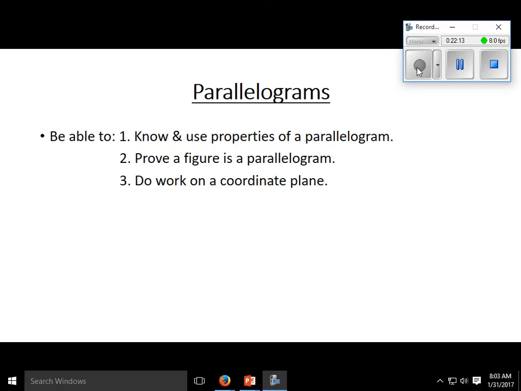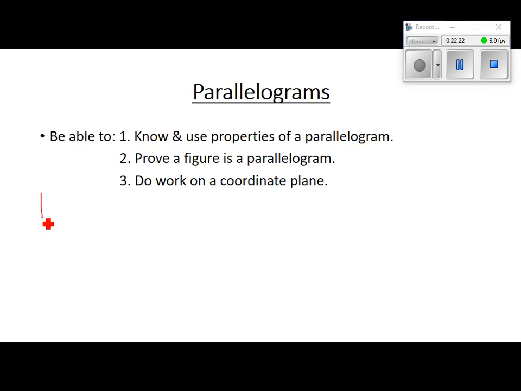All right, parallelograms. We're going to start a chart, and we really won't start it today, but we're going to have quadrilaterals. What's a quadrilateral? Four-sided figure, four-sided polygon.